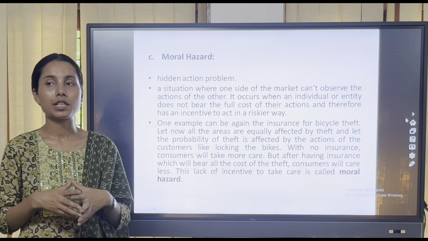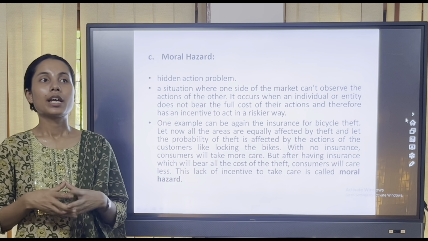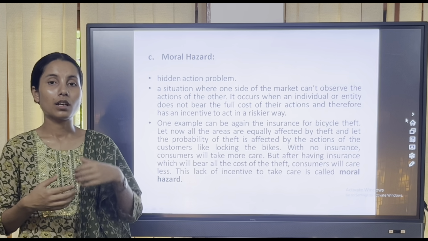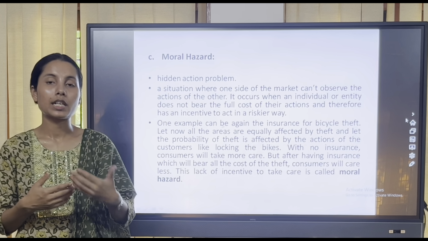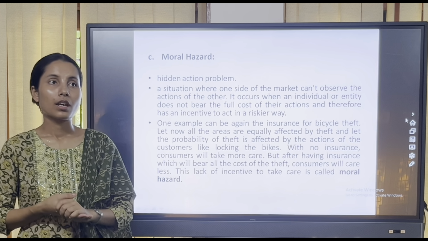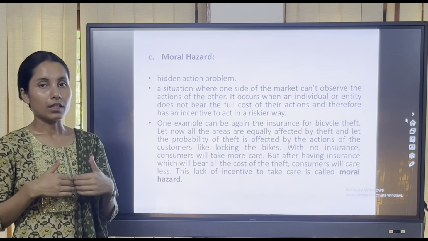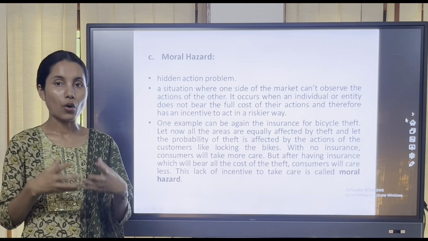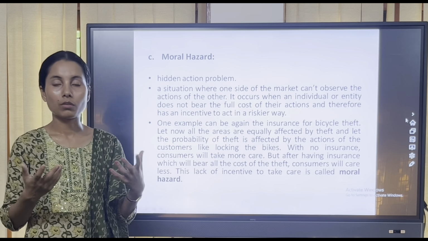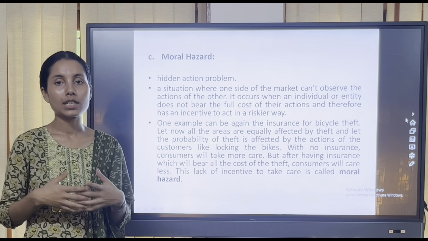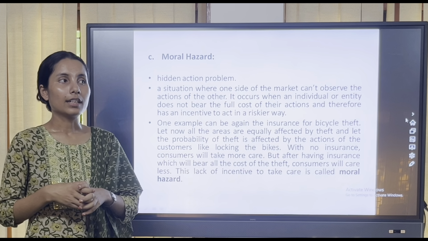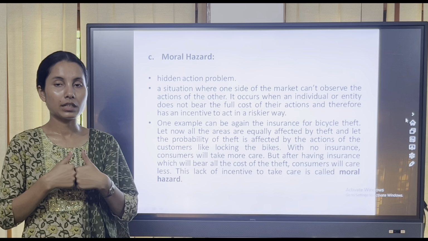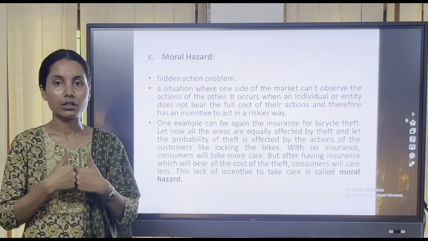Suppose all the areas are facing equal numbers of bicycle thefts, and the only thing affecting the number of bicycle thefts is how individuals are taking care of their bicycles. If I am a bicycle owner and I am taking proper care of it, that means I am using a proper lock whenever I go outside, wherever I go. Actions like that taken by me will ensure that my bicycle is safe from thieves.